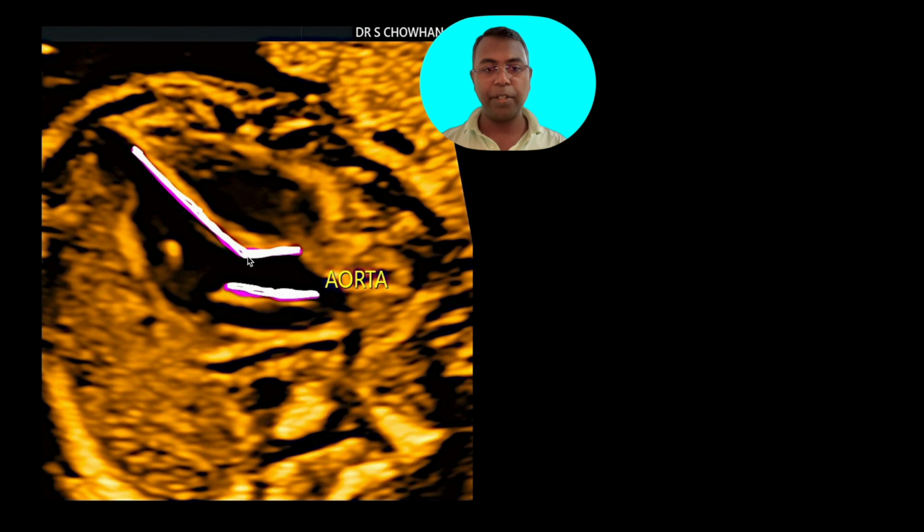It is important that we must see an angle like this at this point, because when there is overriding of the aorta, this angle will be lost and the aorta will be sitting on top of the septum, as in cases of tetralogy of Fallot or conotruncal abnormalities. Here we can also see the mitro-aortic continuity.